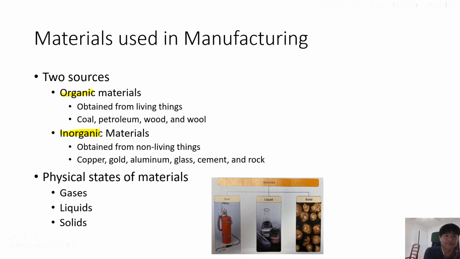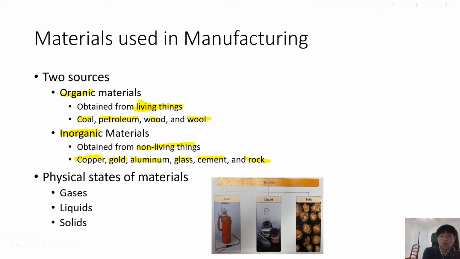As you can guess from the term, organic comes from living things such as plants or animals. When they die, microorganisms work on the dead debris and convert it into coal, petroleum, wood, and wool. Those are organic materials. Inorganic comes from non-living things such as copper, gold, aluminum, glass, cement, and rocks. Those are inorganic materials.